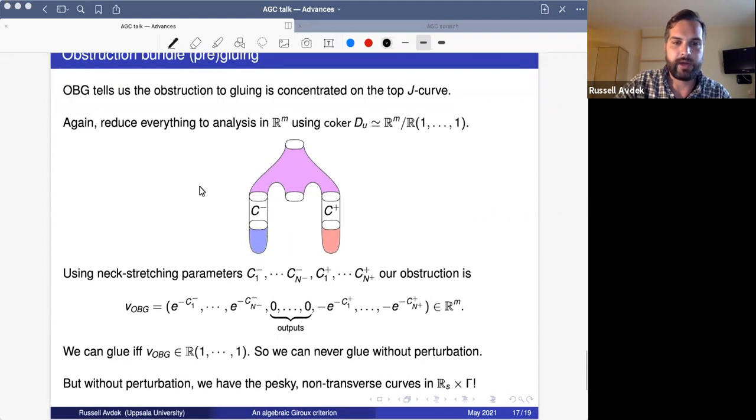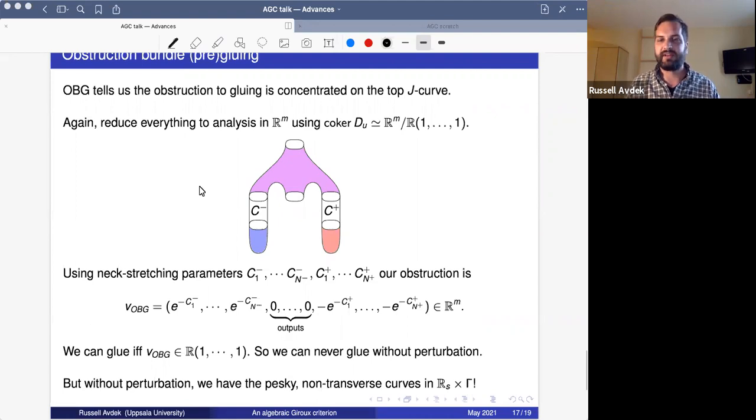And so what happens is we try to pre-glue these curves, and we have neck stretching parameters for each plane that we're gluing onto a negative end of our curve inside of the dividing set. And when we stretch out really far, it gives us an obstruction vector, which is just a vector in R^m.